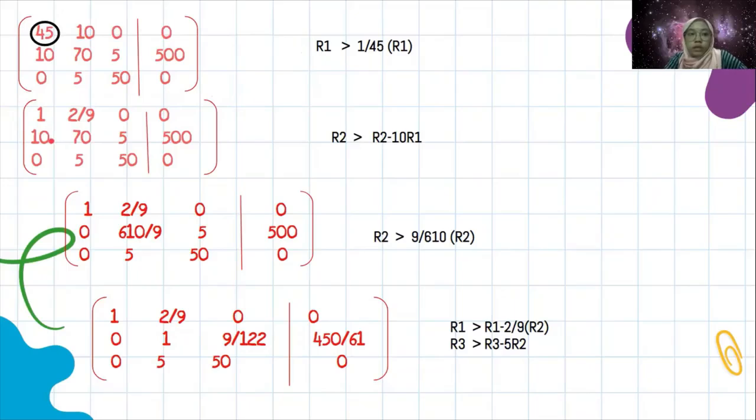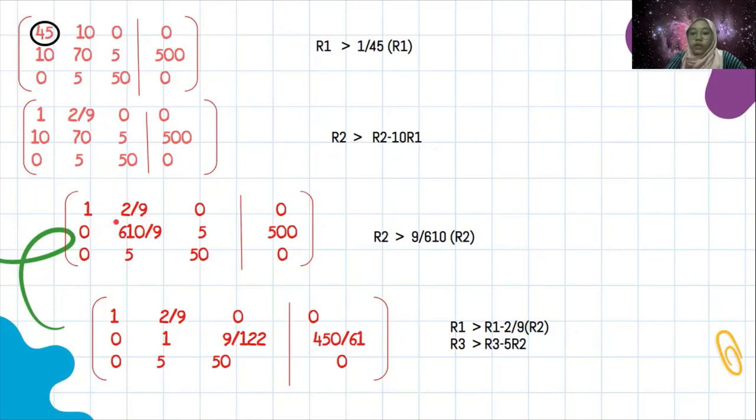Then in column 1, this part and this part must be 0, because we want to make sure that the diagonal part becomes 1 and the rest become 0, right? So we want to make this 0. We make an equation for row 2. We apply all the numbers in row 2 in this equation, and we get new numbers in row 2, and we also get 0 here.